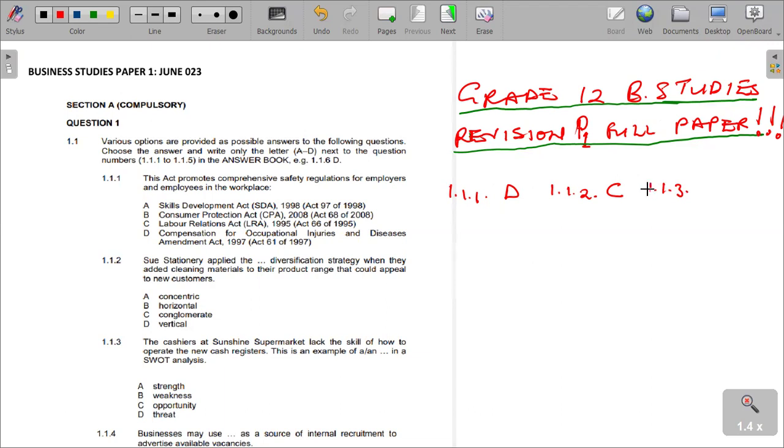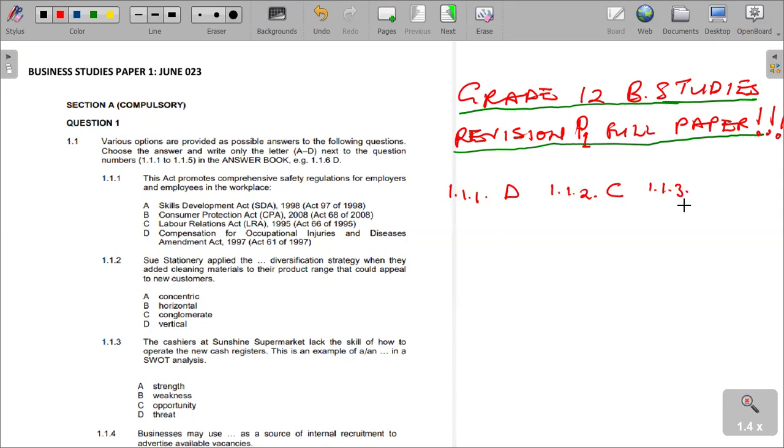We have these different diversification strategies given there, and we must say which one is best for increasing the product range so it can appeal to new customers differently. We are saying it is conglomerate diversification.